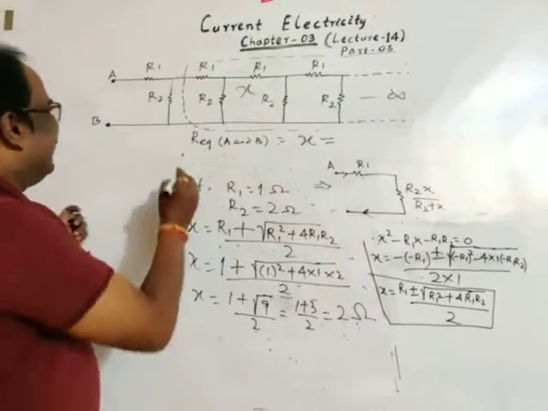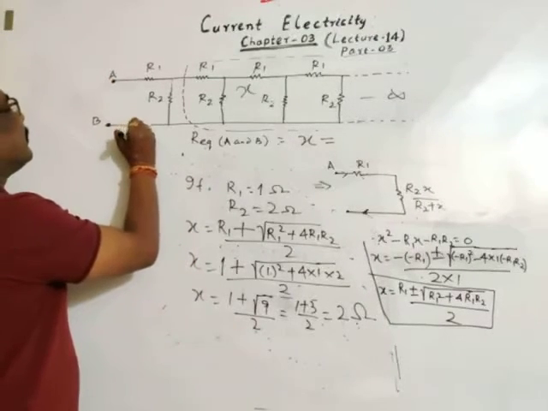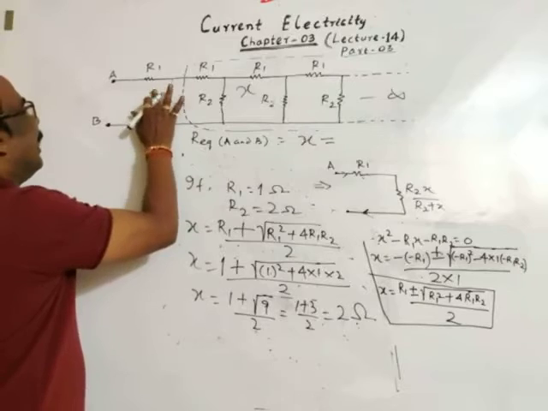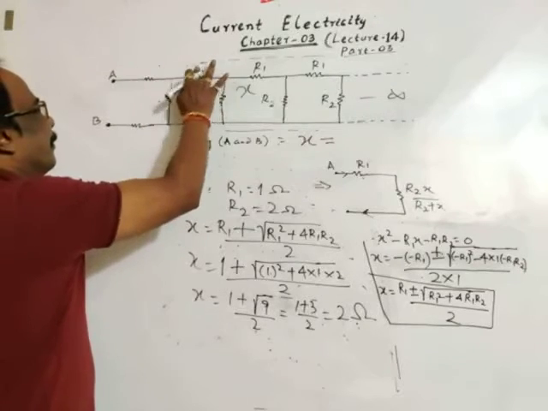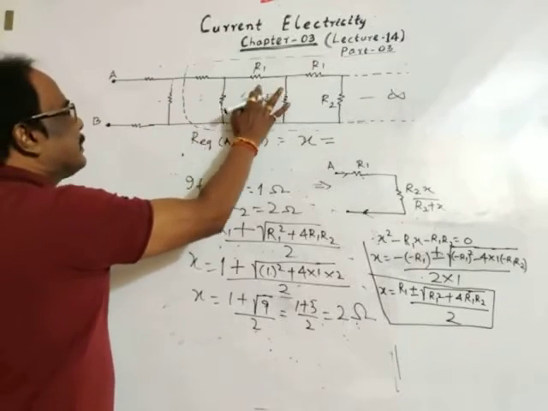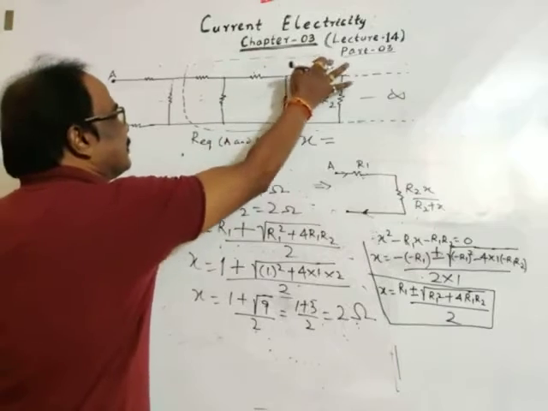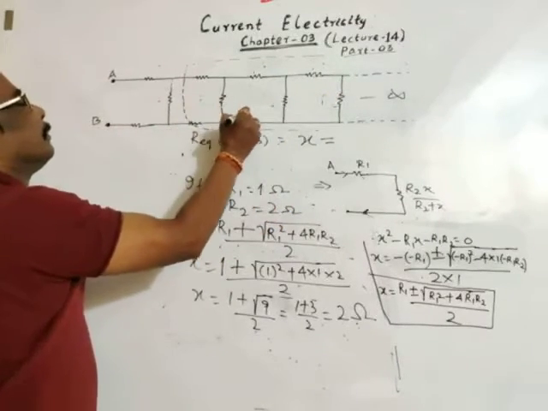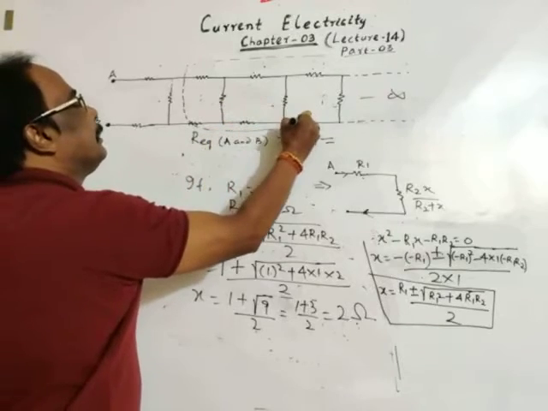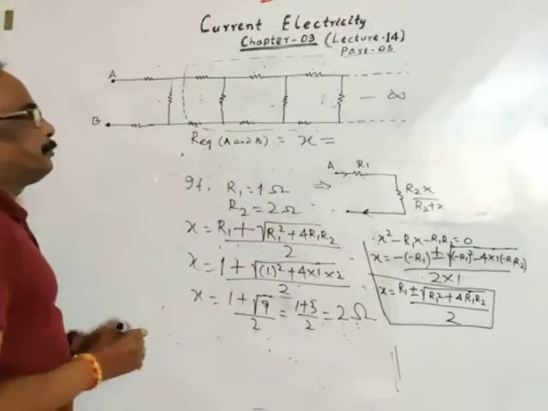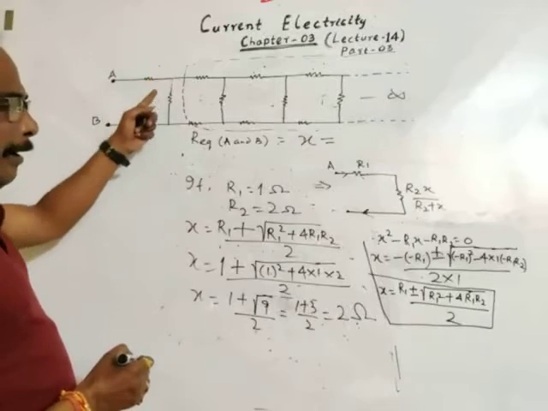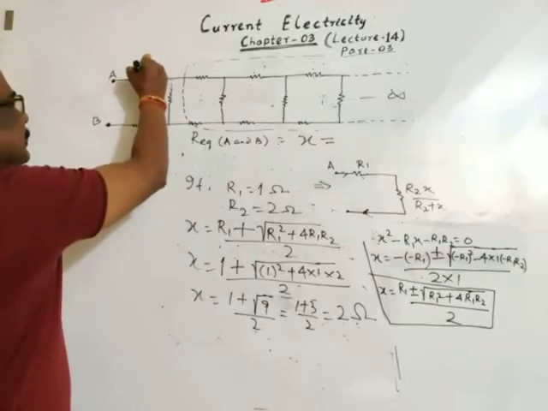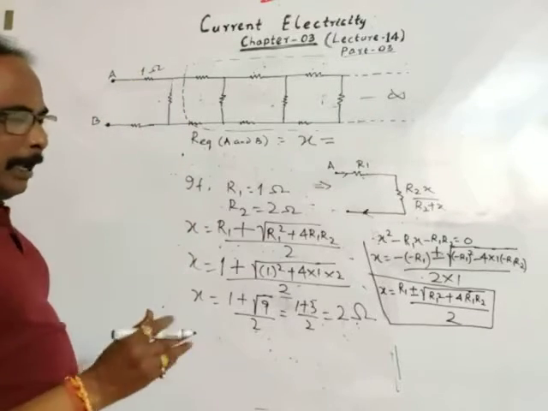Let's change this now. Let's add some other resistances. I am taking some values of resistances. Here also, taking a resistor, here also taking a resistor. Again, we will take identical values. Let this be 1 ohm, identical value.